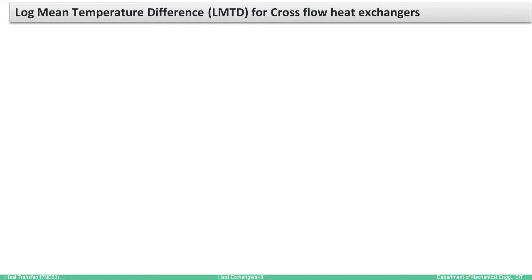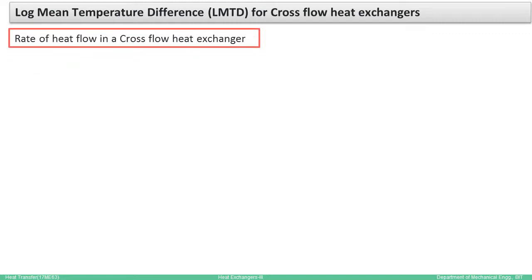Now we have got LMTD for cross flow heat exchangers. The rate of heat flow in a heat exchanger is given by Q equal to U into A into LMTD. That, defined for a cross flow heat exchanger, is written as UA into theta M for cross flow. But for a cross flow heat exchanger we have to get this theta M by getting the counterflow LMTD first.